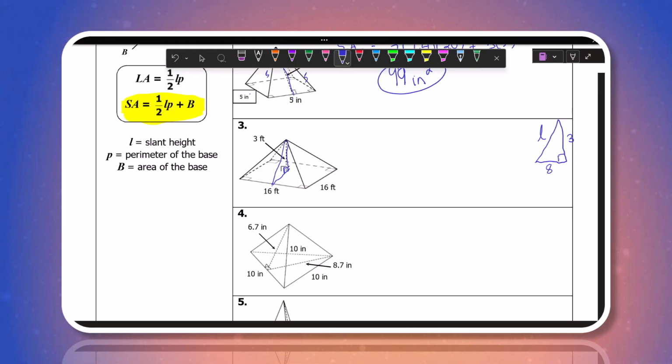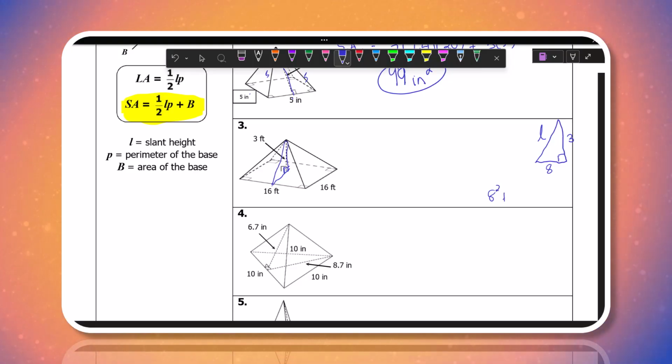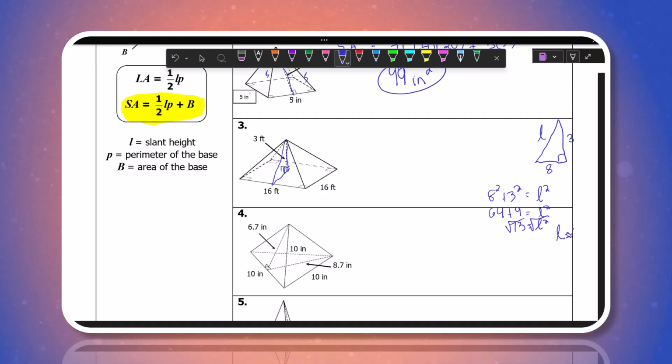So we use the Pythagorean theorem. So we have 8 squared plus 3 squared equals L squared. That's 64 plus 9, 73 equals L squared. Square root it, and our slant height is approximately 8.54.